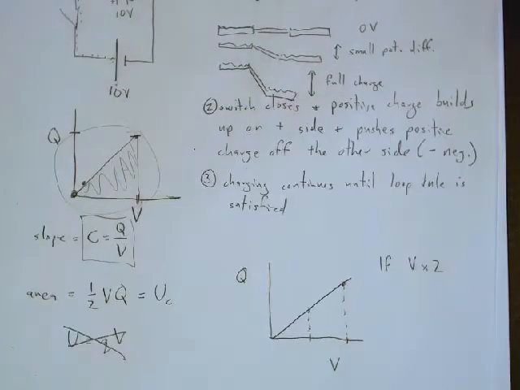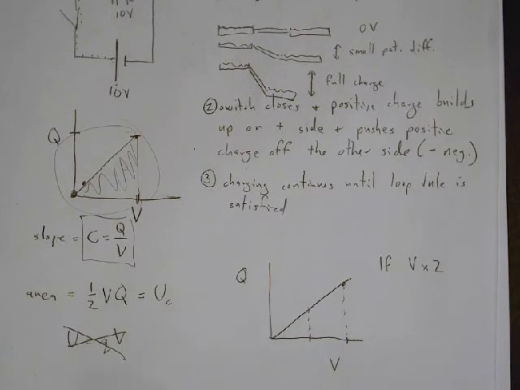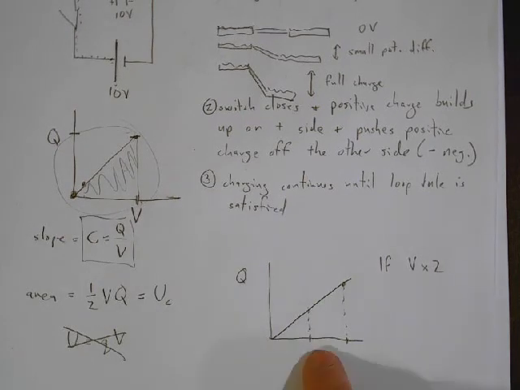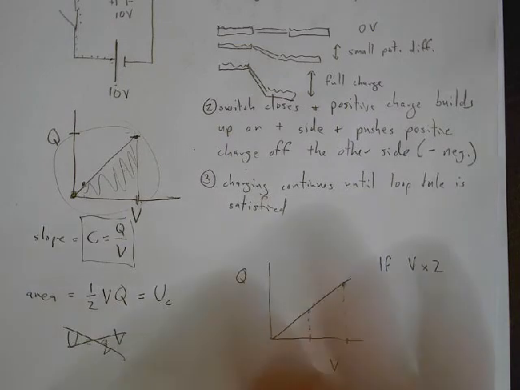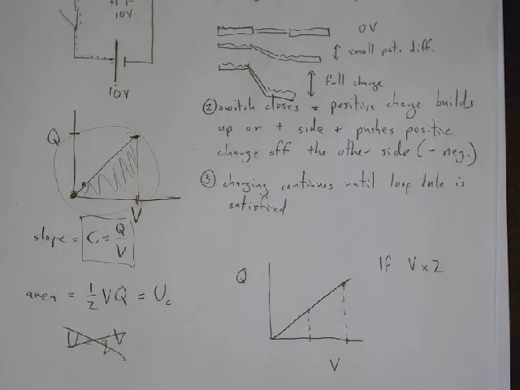All right, so if I double the V, what happens to the capacitance? It doesn't change. Nothing happens to the capacitance. On the graph, what is staying the same that shows you that? The slope. The slope is staying the same. Is everybody with me there okay?